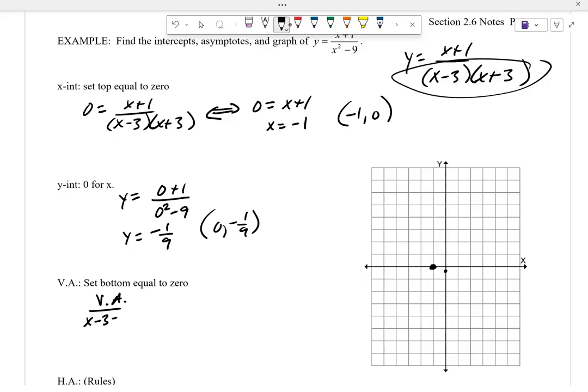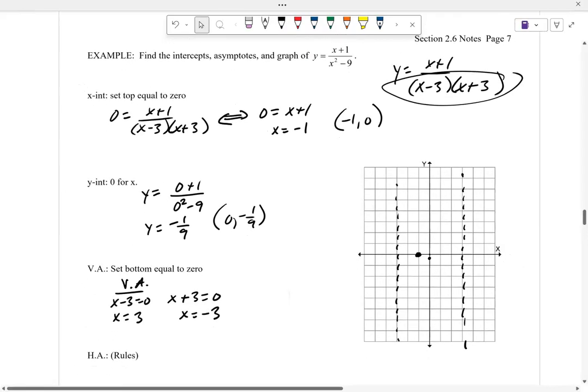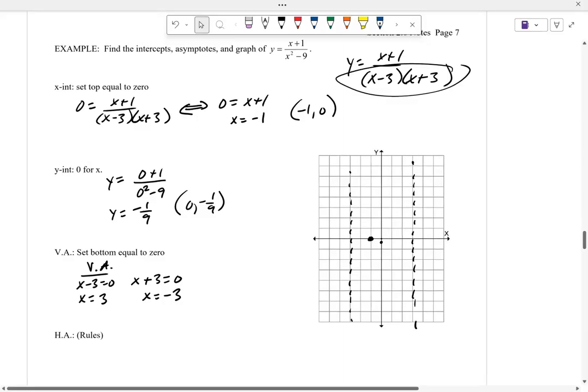So we got x minus 3 is a factor of the denominator. X plus 3 is a factor of the denominator. So 3 and negative 3. I'm going to put those vertical asymptotes on there. 3 and negative 3.